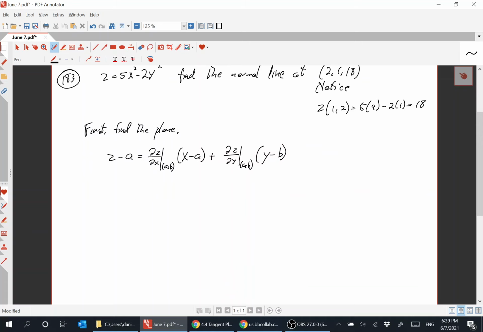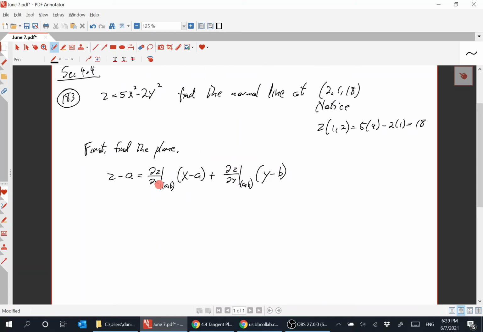So using the differential notation this time. These two parameters are again the partial derivatives with respect to x and y at the point (a, b) itself. Z minus c, where the c is 18 here.